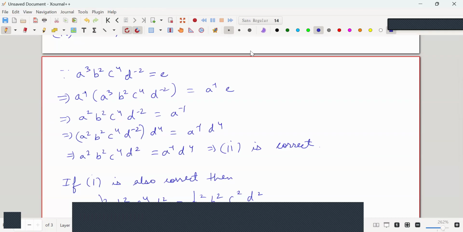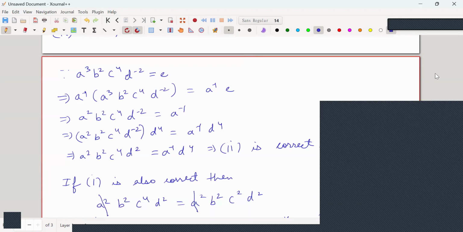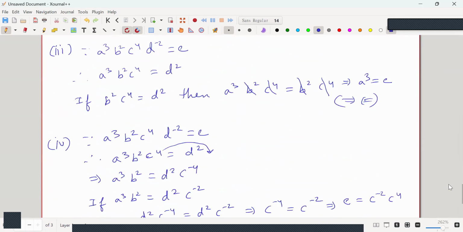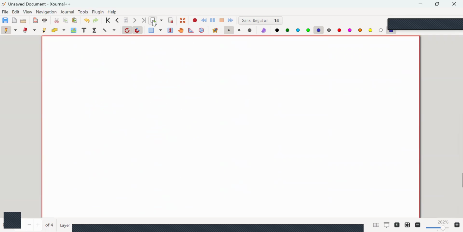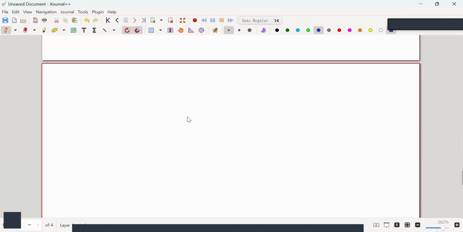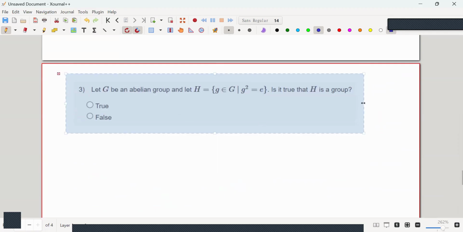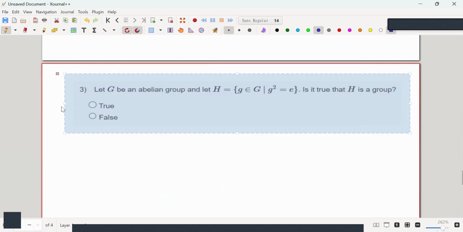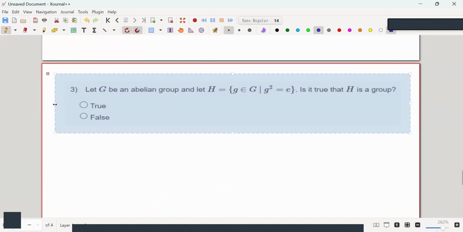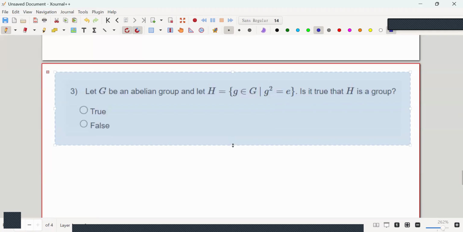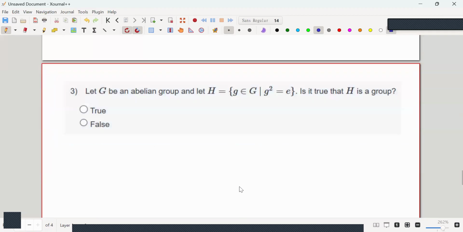This is going to be an interesting one. It asks whether, for an abelian group G, the subgroup H, which contains all elements g with g square equal to identity, is a group itself.